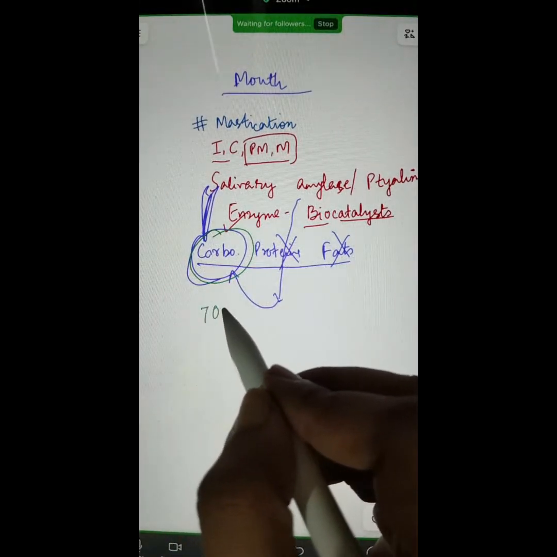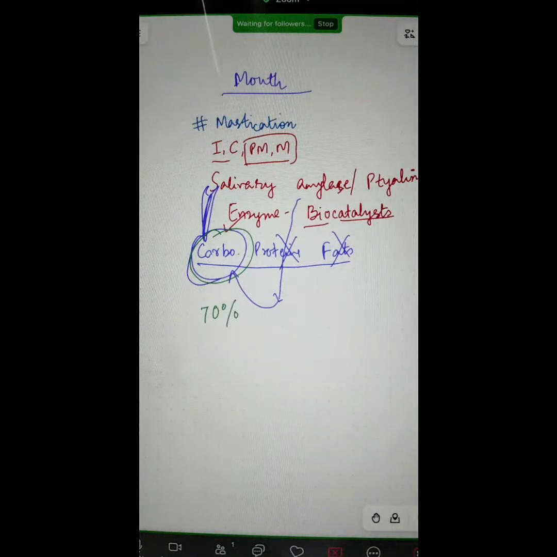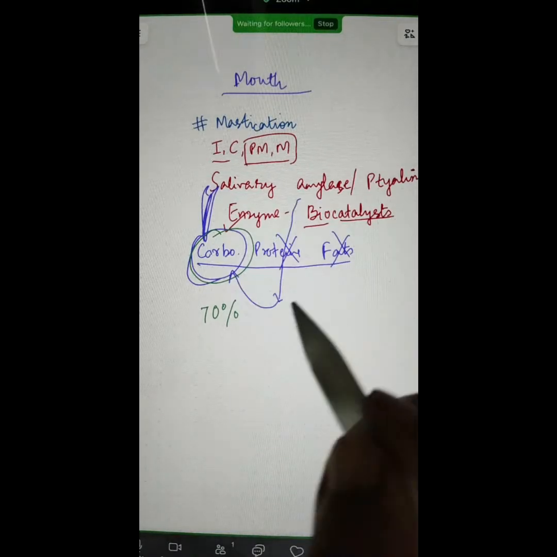Almost 70% of the digestion of carbohydrates is done in the mouth with the help of salivary amylase. As each enzyme is peculiar in its action, salivary amylase acts upon the carbohydrates and 70% of them will be digested.